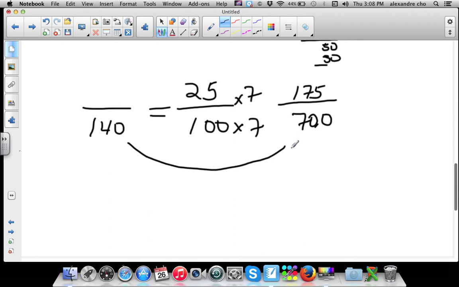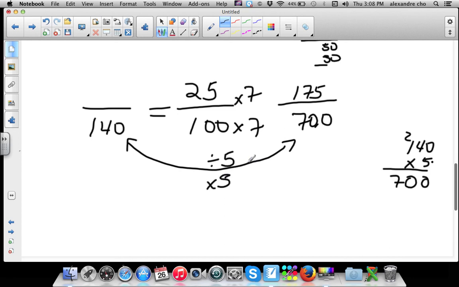Yes, there is. 700 to 140 is divide by 5. Let's make sure: 140 times 5. 5 times 0 is 0. 5 times 4 is 20. Fine, it's there. If you're going one way, it's times 5.